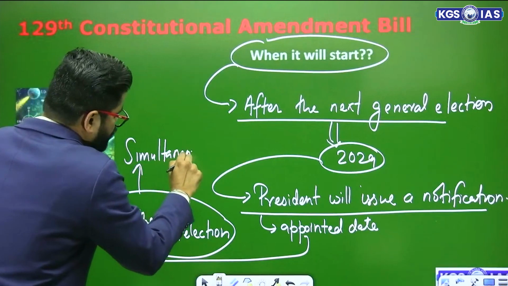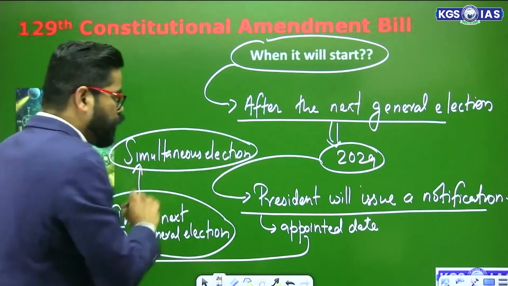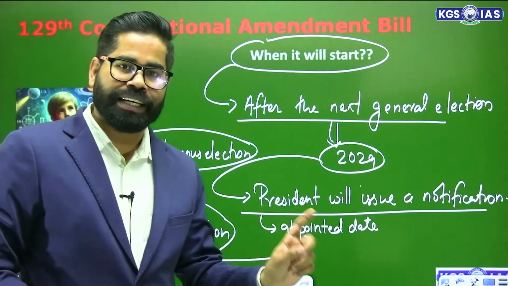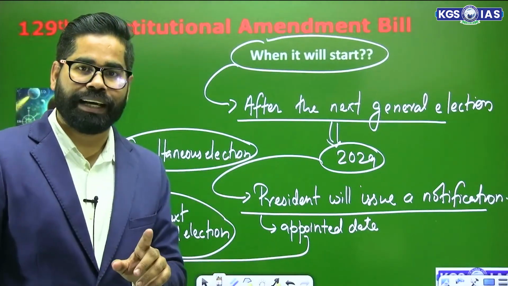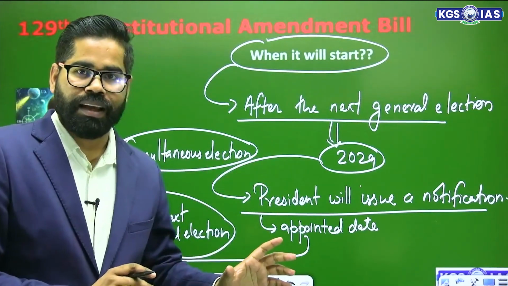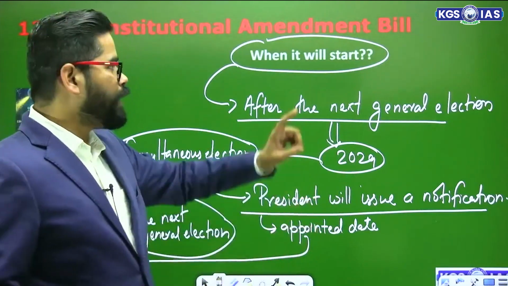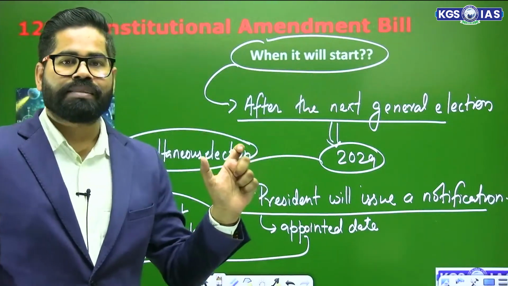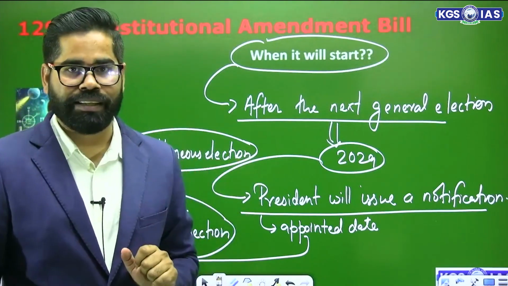It will not be done in 2029. After 2029, the President will issue a notification, and after that notification, in the next general election, there will be use of this simultaneous election.